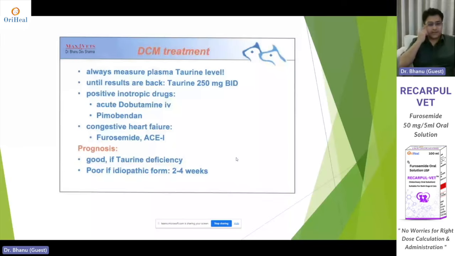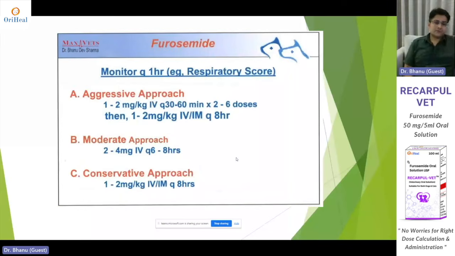So furosemide, this I had shown you earlier. There is an aggressive approach where you use it at the dose of 1 to 2 mg per kg intravenous hourly. So you admit the patient and you give boluses every 1 to 2 hours. You give a minimum of 2 to 6 doses.